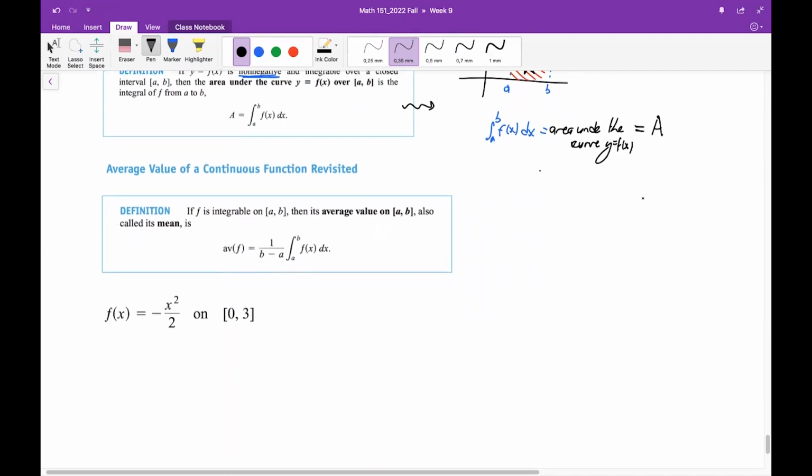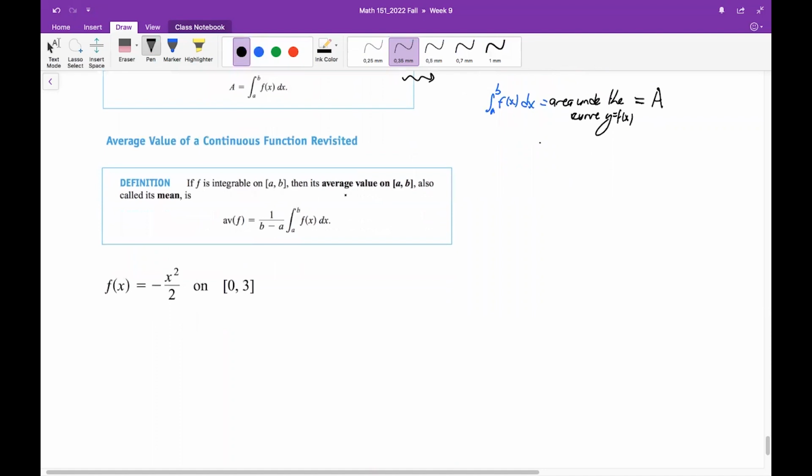Okay, and finally, if you have an integrable function, you can define the average value of it like that. And this equality is something that we have covered before. So the average value of f is, in fact, you see, this is the area under the curve.